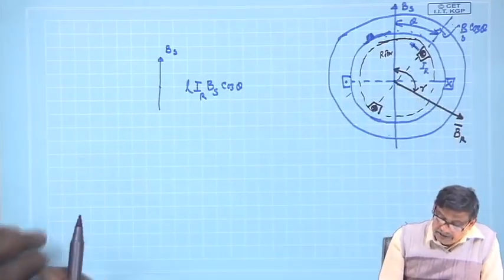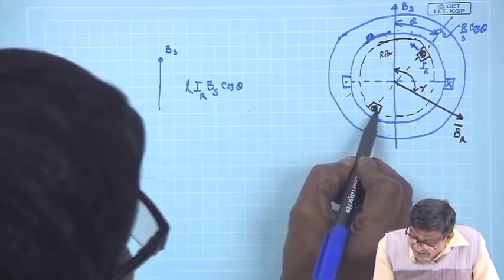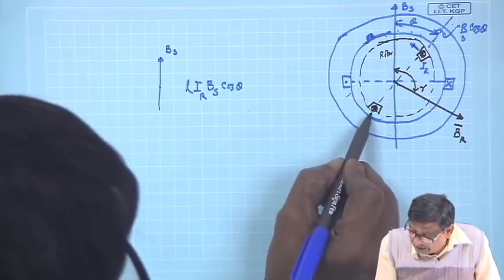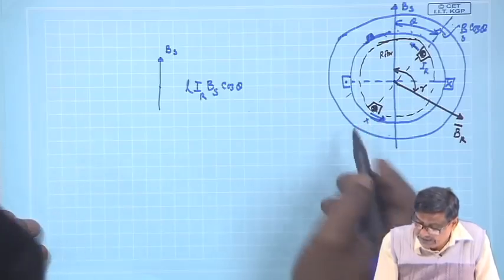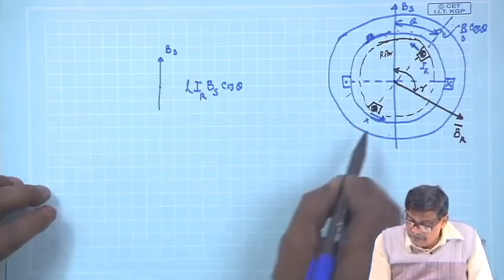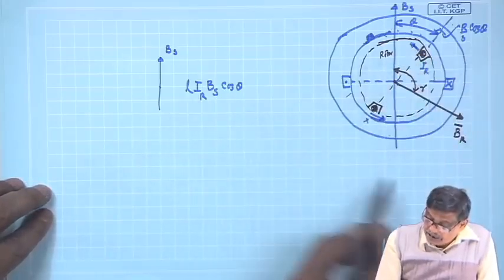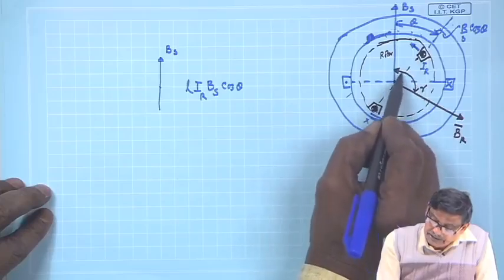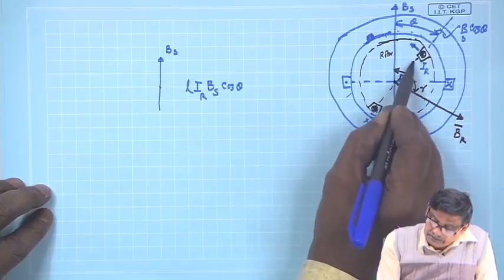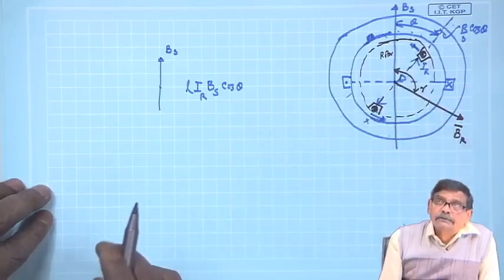So, it will be just like this, and similarly this one is placed the same way, so it will also experience a force in this direction. You can apply the left hand rule, and the magnitude of the force will be the same. So, here are two forces, and the distance between them is the diameter of the rotor.